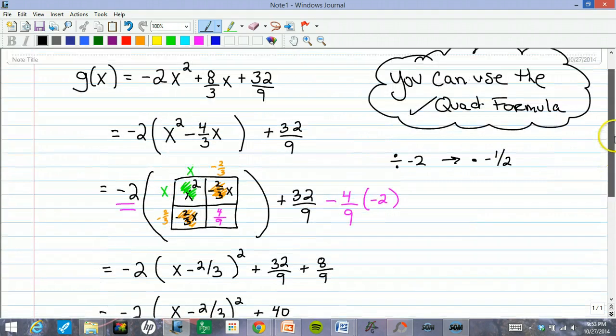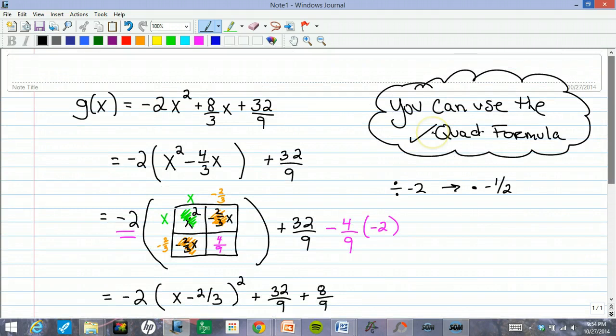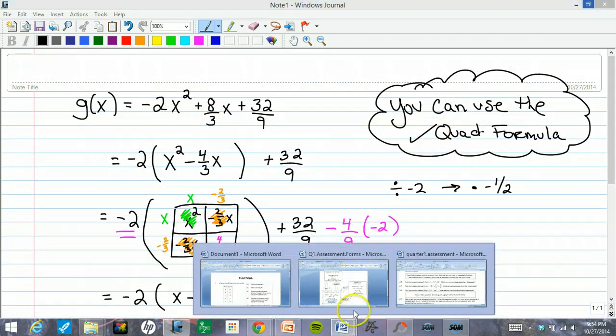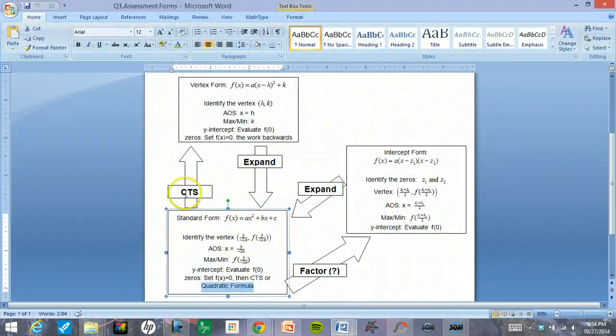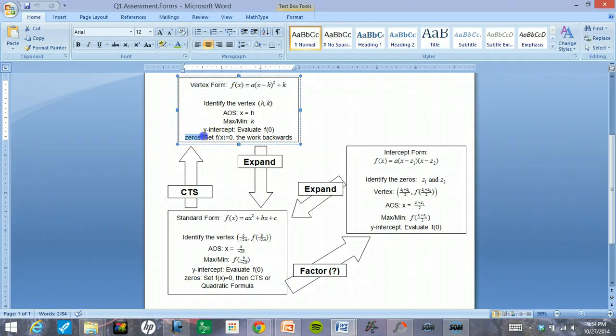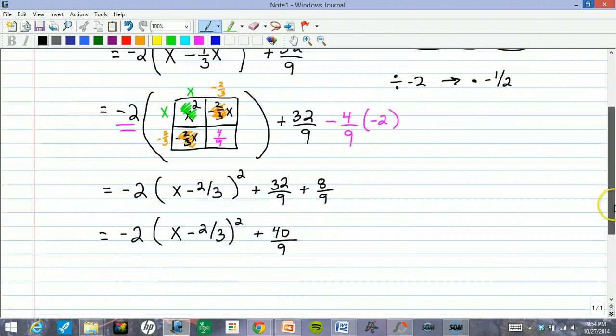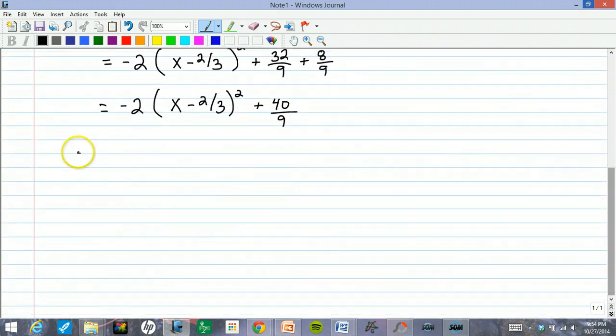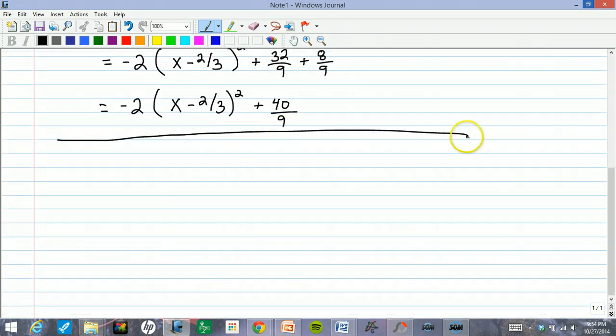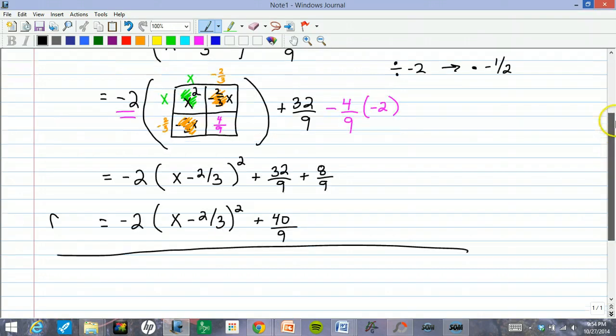This is now in vertex form. Just a quick review: I took standard form and I completed the square to get it to vertex form. Now, to find the zeros, I set it to 0 and work backwards. You go back and do this with the quadratic formula. Way simpler. But as I said, this is review. Take this function, which we call g of x.